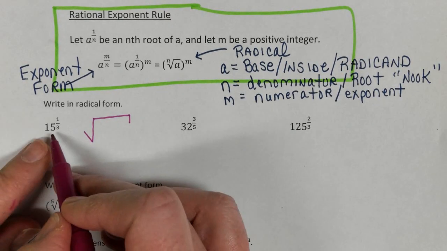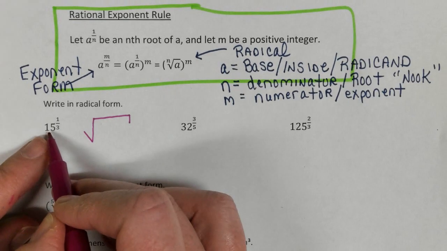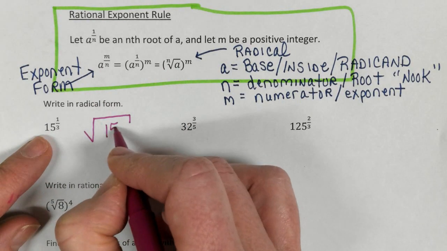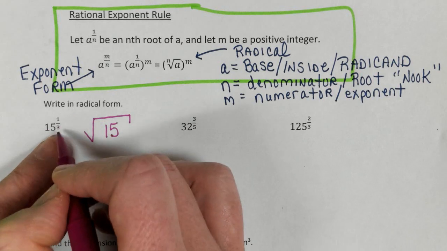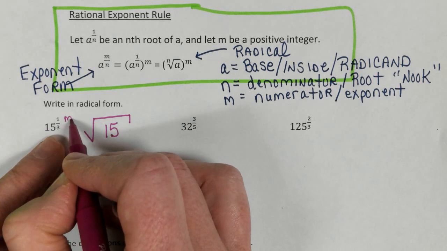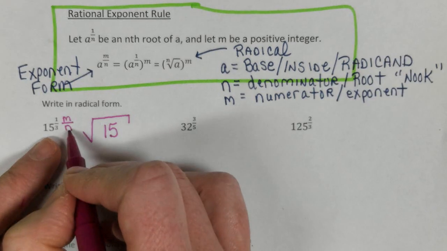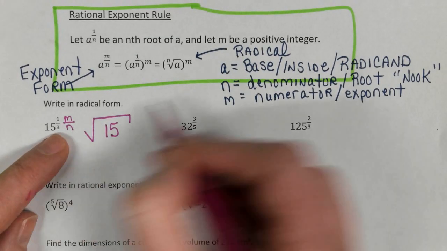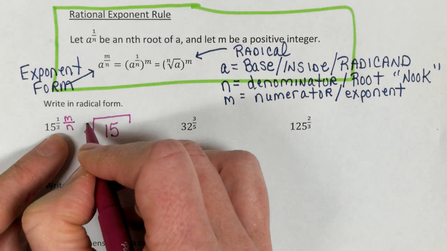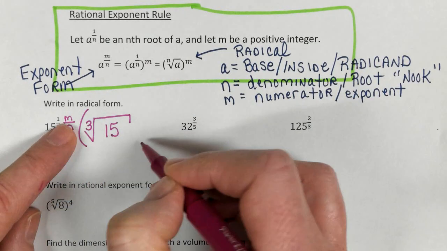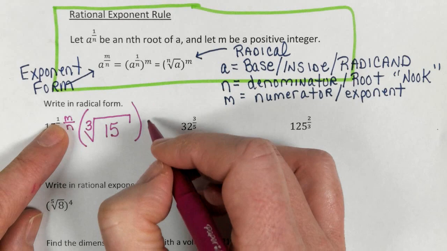So I'm going to start, I'm going to put my radical sign. Okay. Notice 15 is my base. It is my a value. So it goes inside. Your fraction, your exponent, remember, is m over n. So the n, the 3, is our root. It goes in the nook. That's our nook. And then the m is 1, or our exponent.